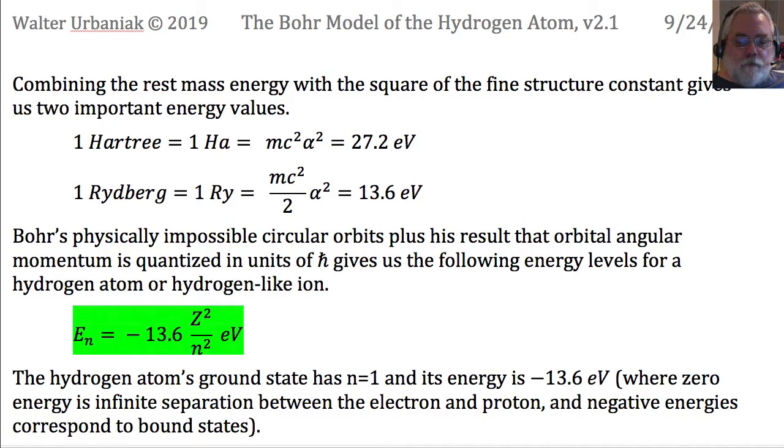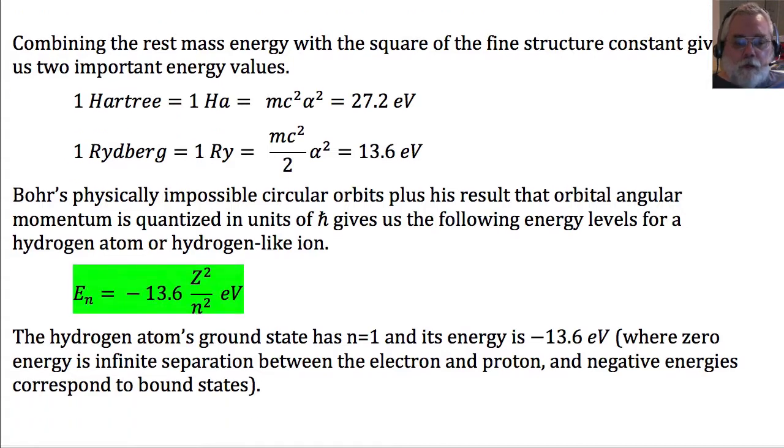The hydrogen atom's ground state has n equals 1, and its energy is minus 13.6 electron volts, where zero energy is infinite separation between the electron and the proton, and negative energies correspond to bound states.